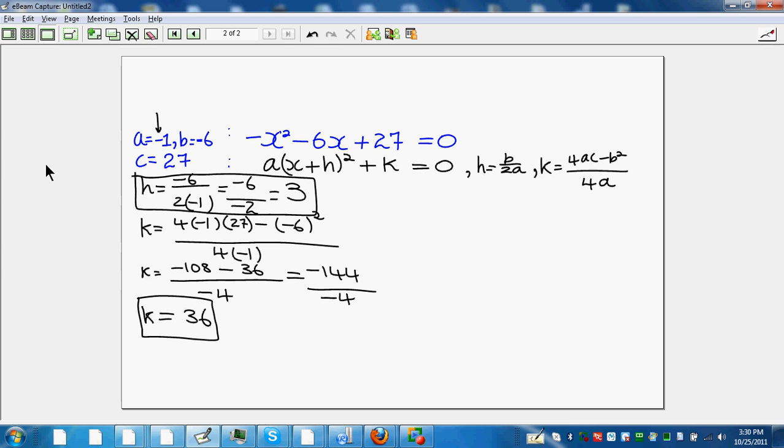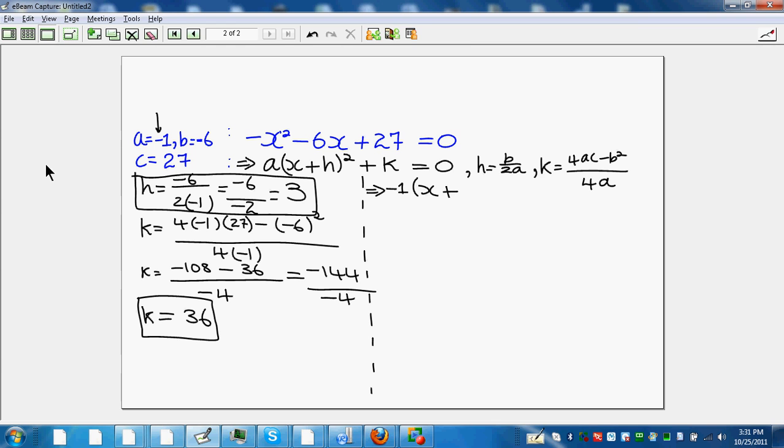Okay, so we have those two things. Then we'll come here now and start to work out the solution. So let's see how the solution will go. First of all, the required form is that format there. So if we put in now what we know, we could write A, which is minus 1, into (x plus h) squared.